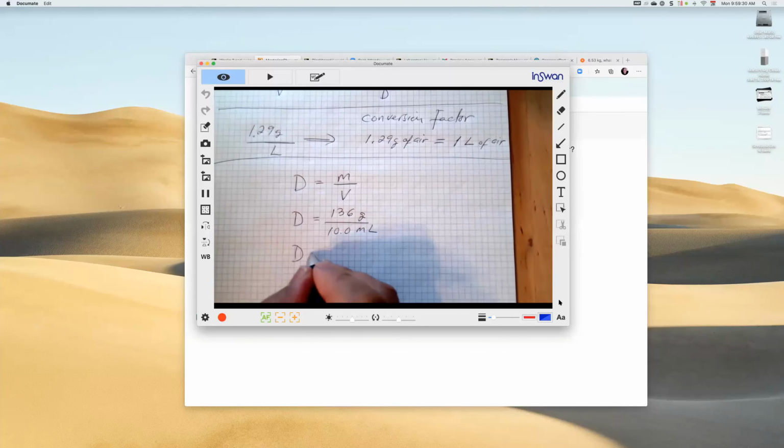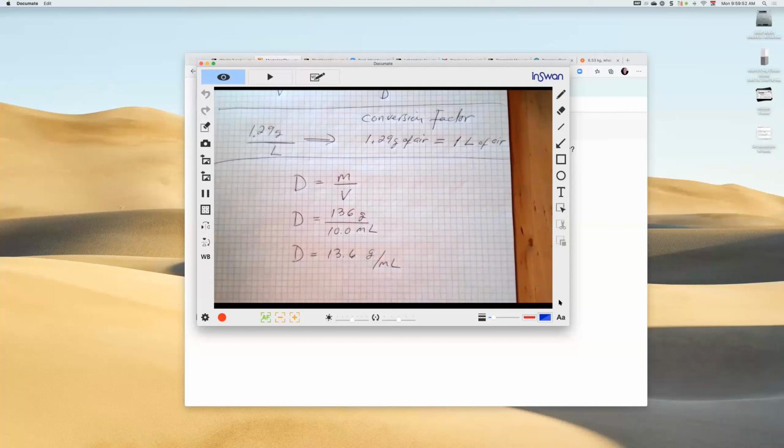Now I just do the math on the calculator, and I end up with 13.6 grams per milliliter. And I check my significant digits, 3, 3, 3. So that's going to be my answer.